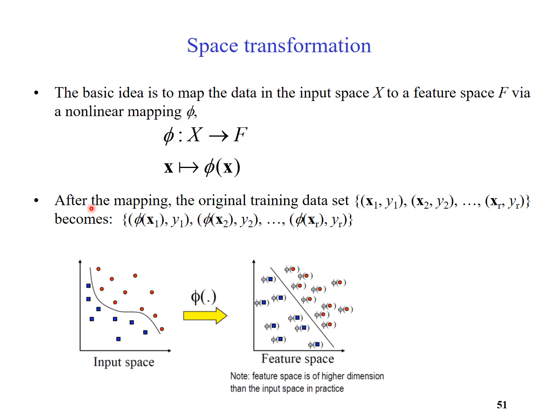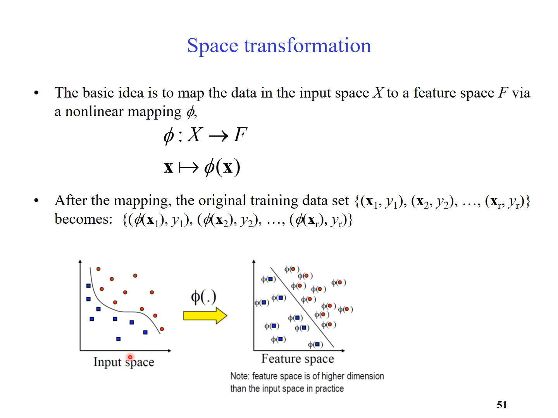For example, let's say the original data is x1, y1, x2, y2, etc. Let's say we have a mapping. Mapping means we transform input data to higher dimension. Then x1 should be mapped to this, and x2 should be mapped to this, etc. Every data point is mapped to a higher dimension through this pi mapping function.